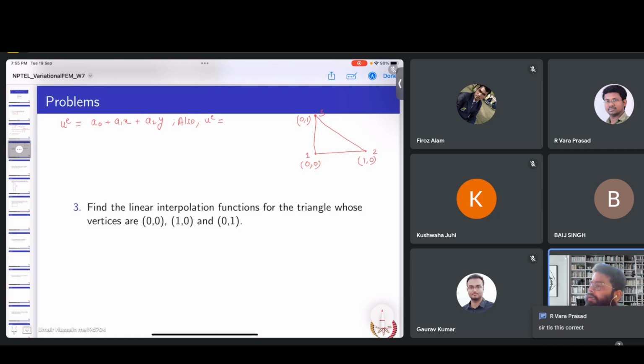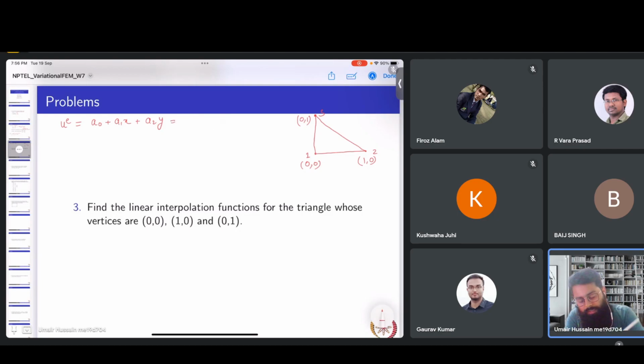If we are assuming a linear approximation of the solution, we can write it as a linear polynomial, right? a0 plus a1x plus a2y. So I'm asking what other way can we represent the solution also.